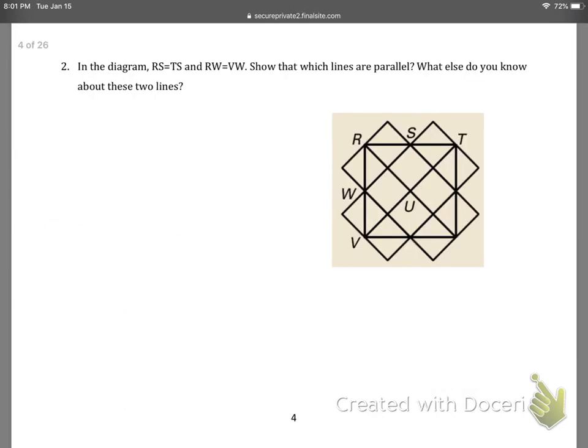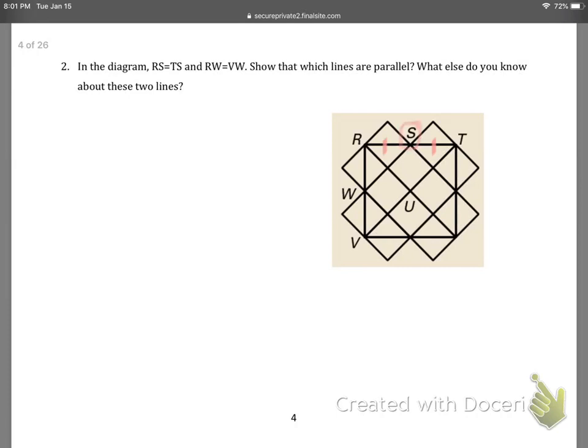All right, so in this picture it says in the diagram RS equals TS. So I'm going to put a hash mark here and here to indicate that RS and TS are equal. That means that S is a midpoint.